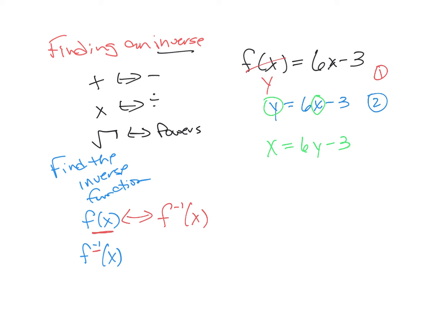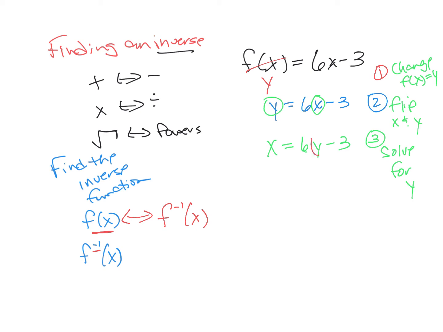Okay, so that's step 2. Then step 3 is you are going to solve for y. So change f of x to y, then flip x and y, and then solve for y.